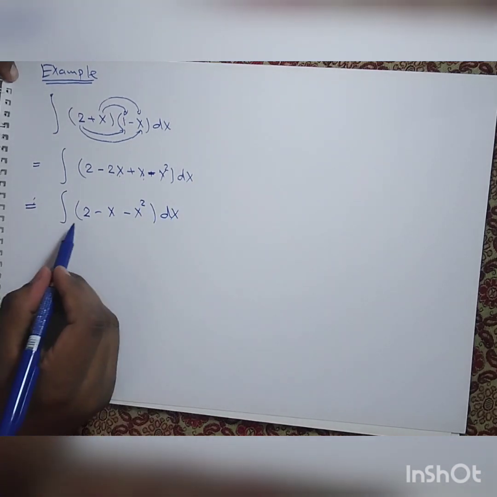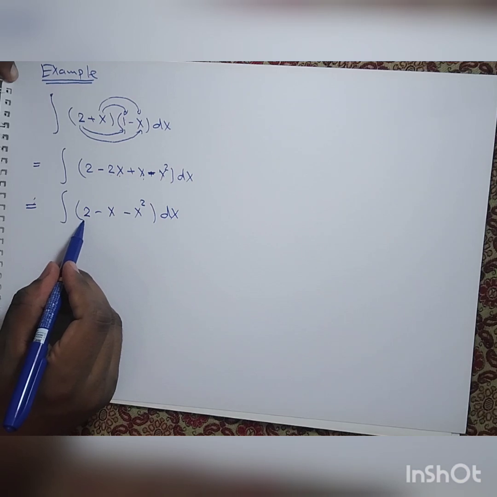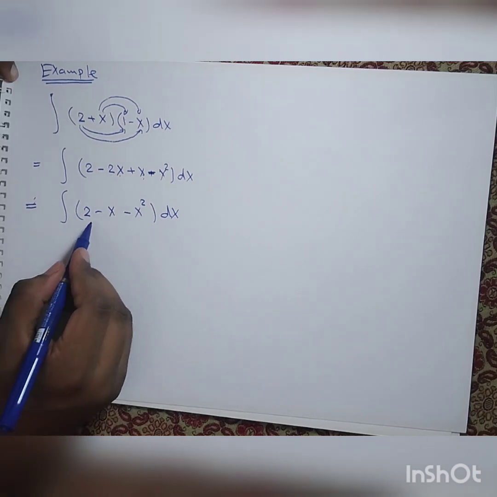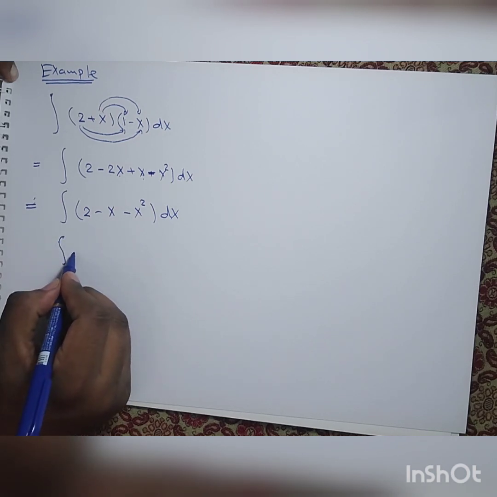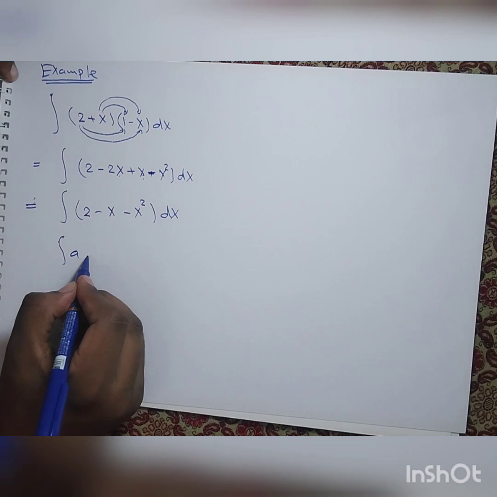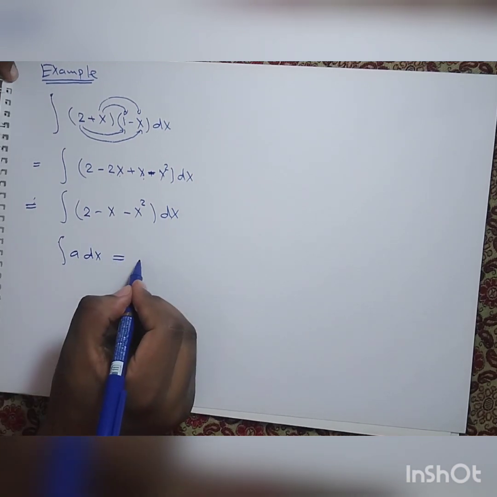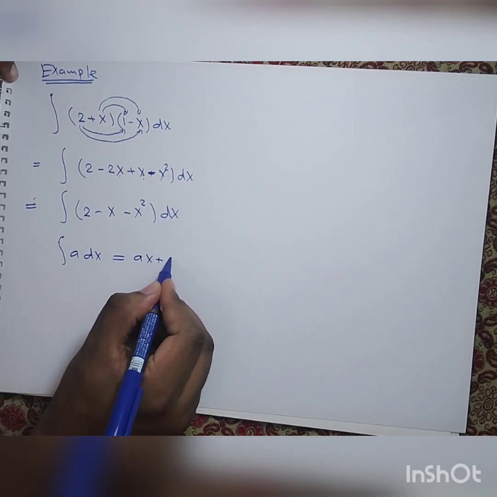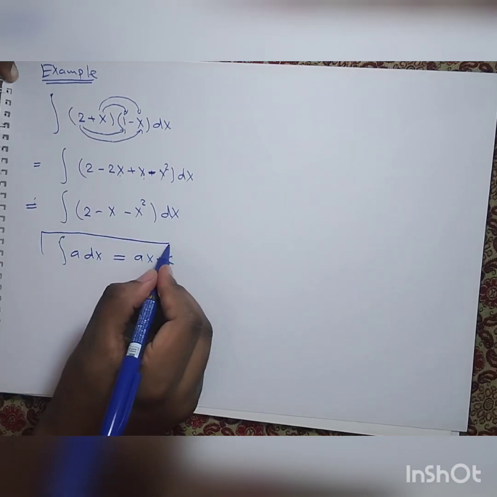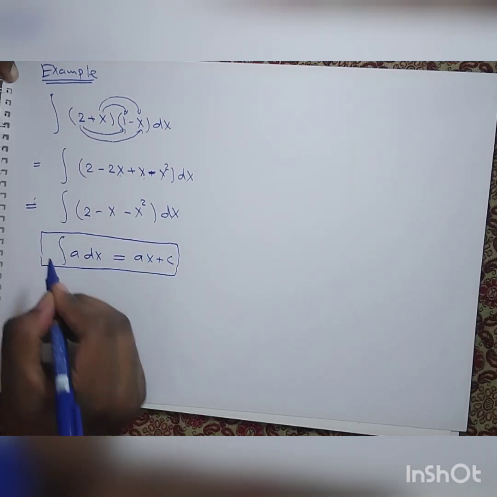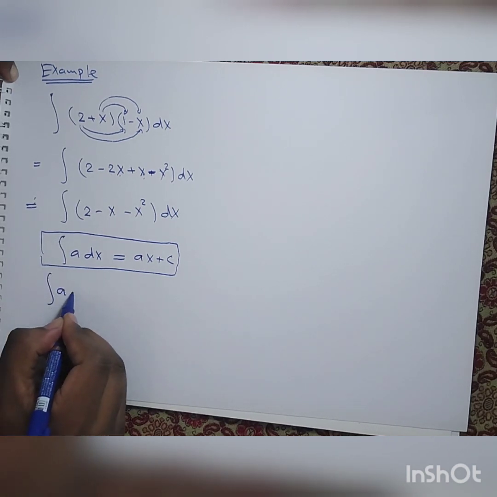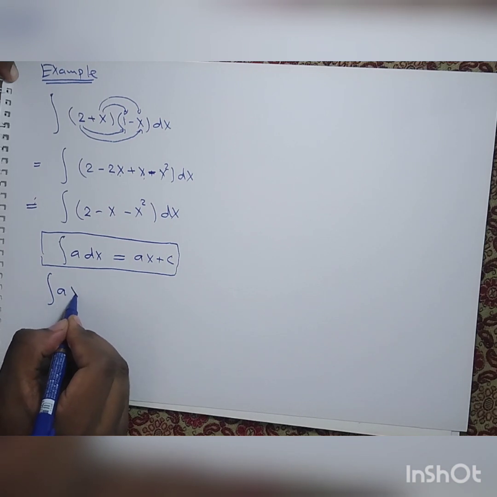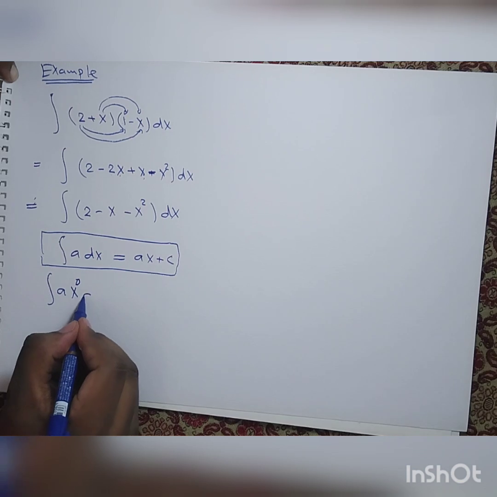Now the integral of a constant, before we do the integral. The integral of any constant a, dx, will be equal to ax plus a constant in general. Now we can see why. This integral of a can be written as a times x to the power 0, because x to the power 0 is 1, dx.